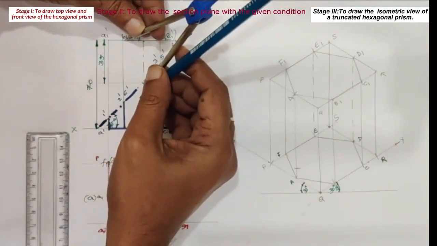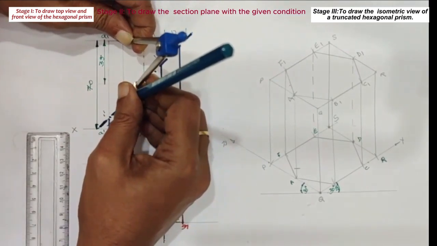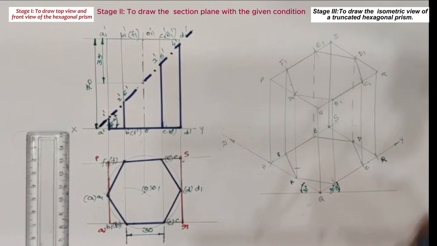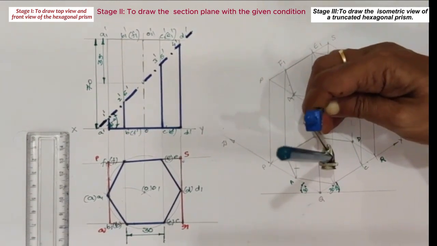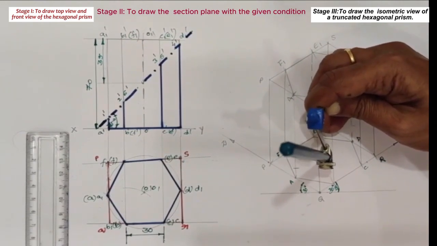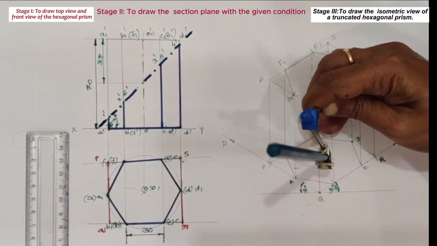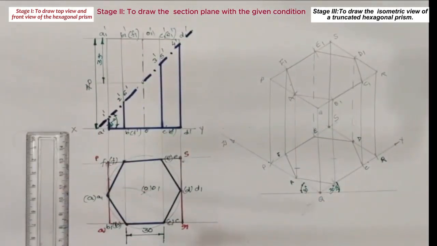Take B1 dash as a center, B1 dash 2 dash as a radius, draw an arc on B dash and B1 dash because 2 is the intersection point of the section plane with the B dash and B1 dash face edge. Similarly, repeat the procedure for locating the remaining points, say 3, 4, 5, 6.